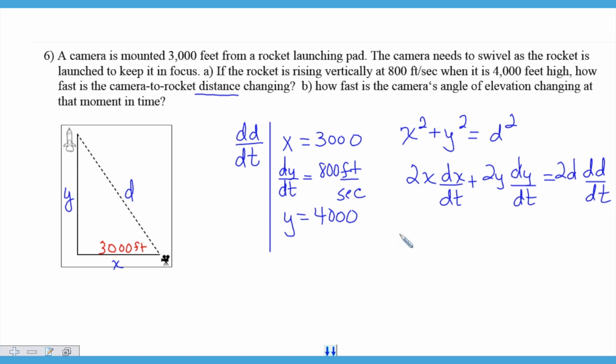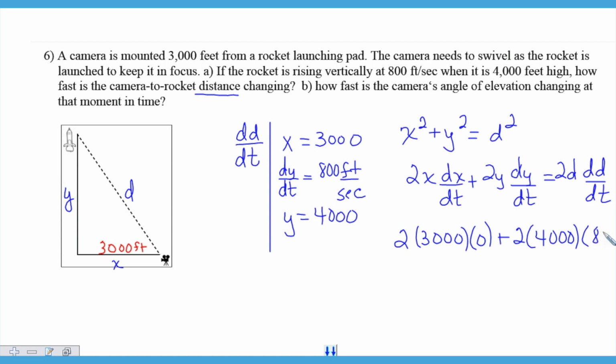Okay, so now I need to plug in everything I know. So I've got 2 times 3,000 dx/dt. Ooh, where's dx/dt? How much is this changing? Oh, it doesn't change, so it's 0. Ooh, we got lucky on that one. All right, now that I've implicitly differentiated, I can put this instantaneous material in there, and that's 4,000. dy/dt is 800.